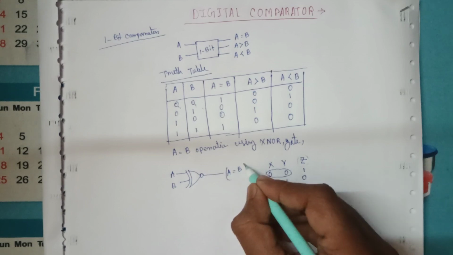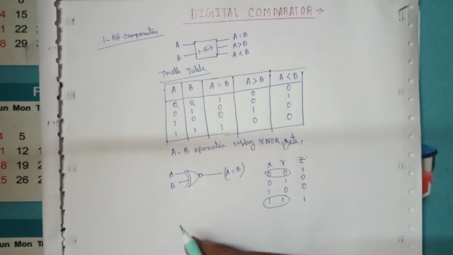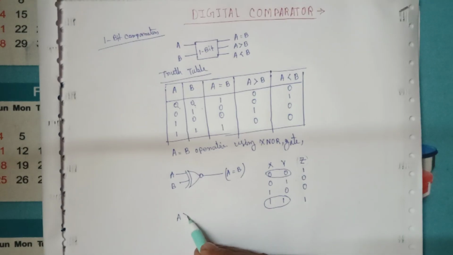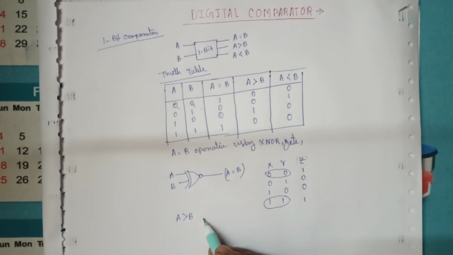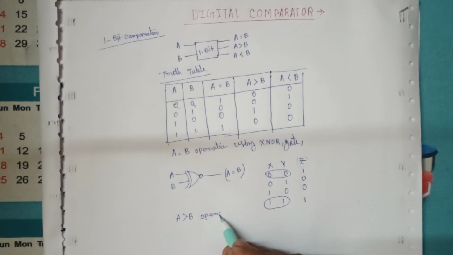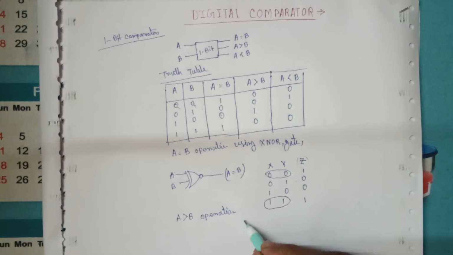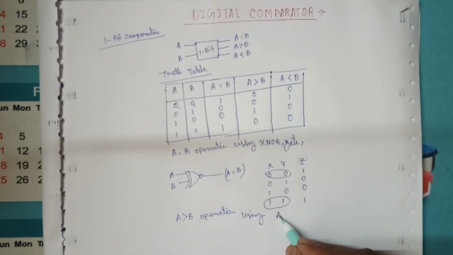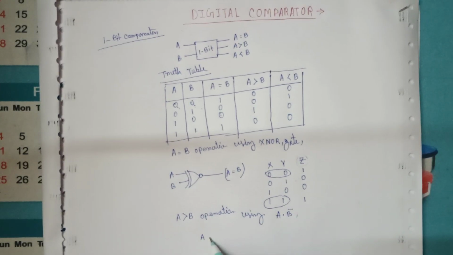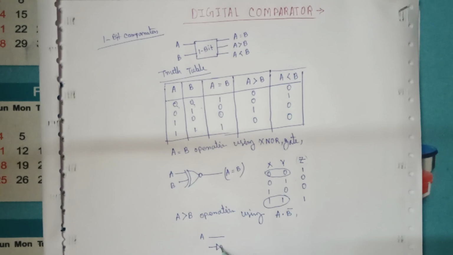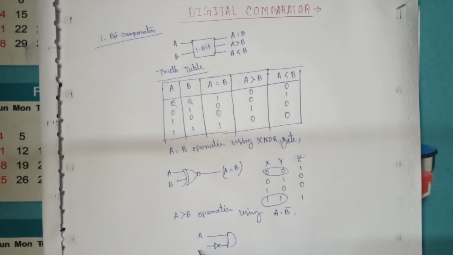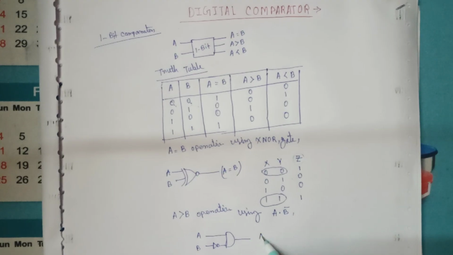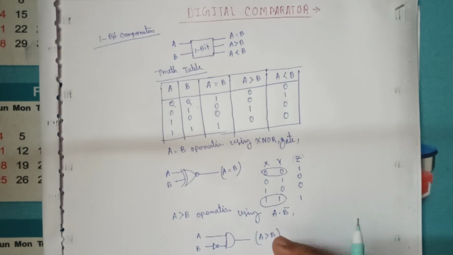A equals to B. And for the second condition, A greater than B, this can be implemented using A B bar. If you put and check, you can find what is happening.